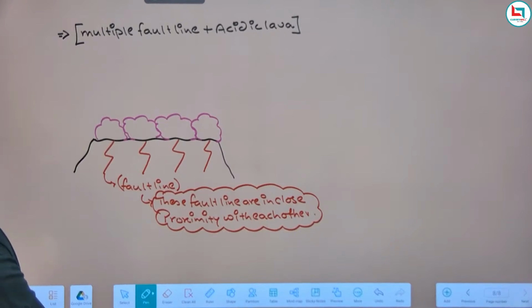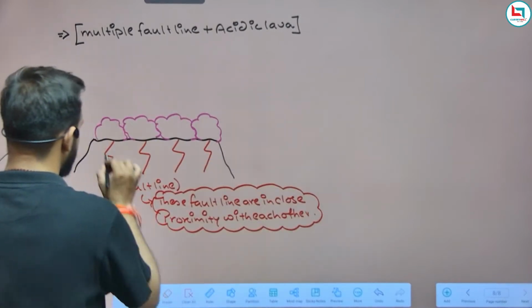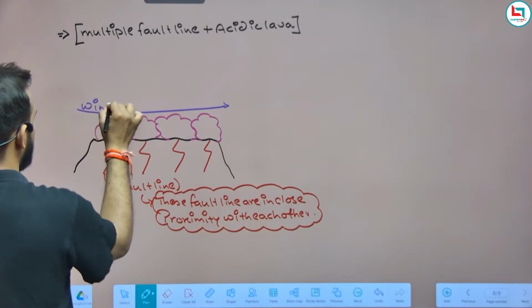So we see the abrasive forces. So wind action will also work over them. We will see the abrasive force. We will see the wind action.